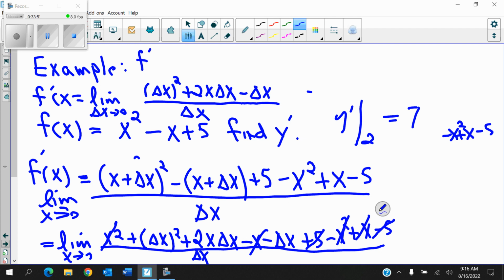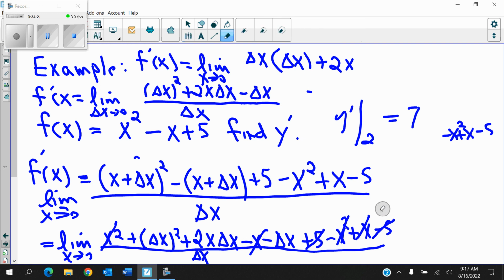So f prime of x is equal to the limit as delta x approaches 0 of, we can take a delta x out up top, leaving me with what?